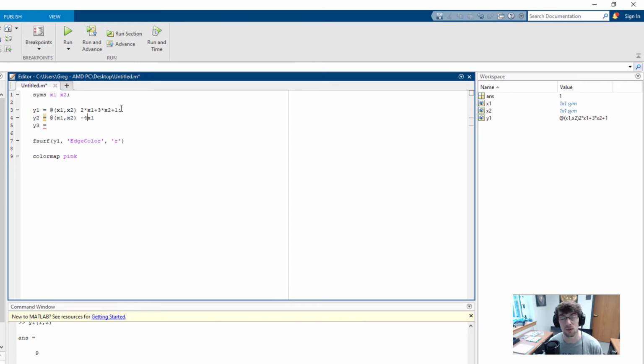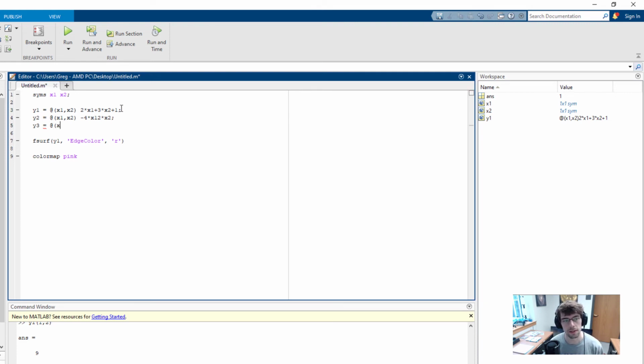If you write just 4x1, it interprets that as a variable called 4x1. MATLAB is not smart enough to understand implicit multiplication. So you have to write the multiplication signs in or the parentheses. Then we have 2 times x2, and we're done.